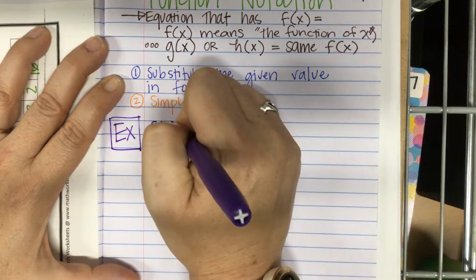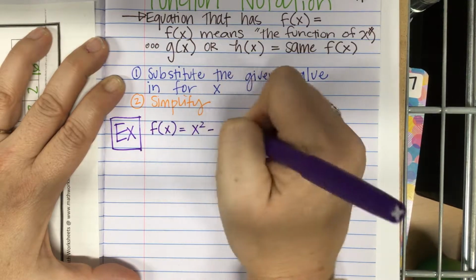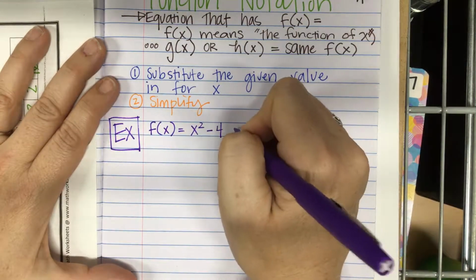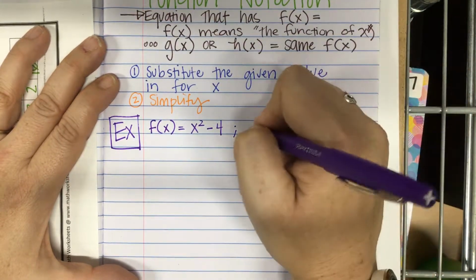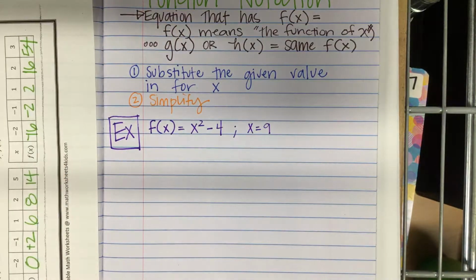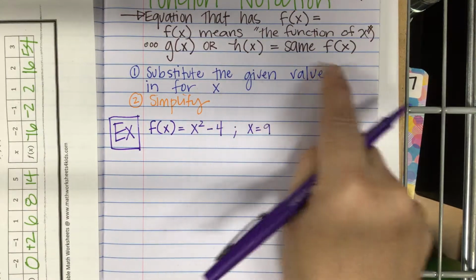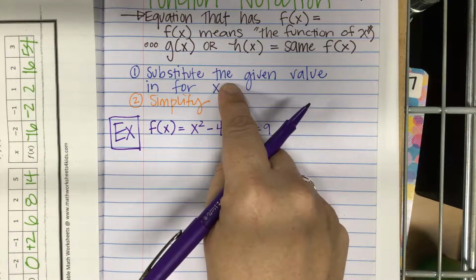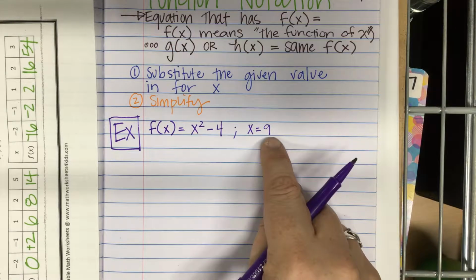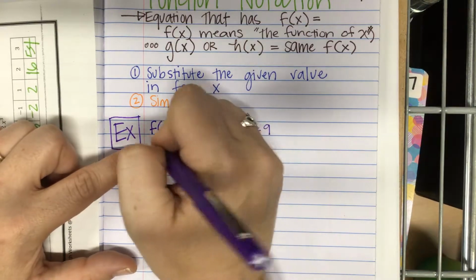If I have the problem f of x equals x squared minus 4, and I tell you that x equals 9. My rule was substitute the given value in for x. So wherever you see x, I'm going to substitute the number 9. Do you agree? So it looks like this.